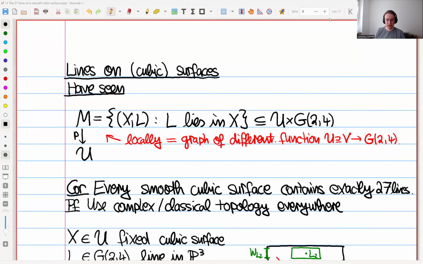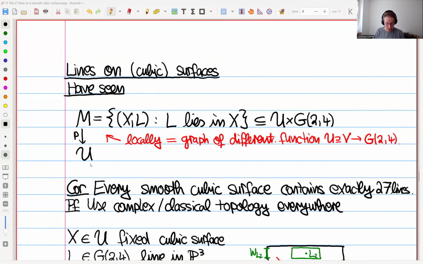With all the preparations done, we can now conclude the proof that there's 27 lines on a smooth cubic surface. The central ingredient that we are going to use is the result that we have seen last time, namely that this incidence correspondence M, parameterizing cubic surfaces and lines such that L lies in the cubic surface, inside this product here is, first of all, a Zariski closed subset in the product.